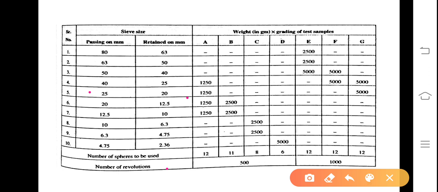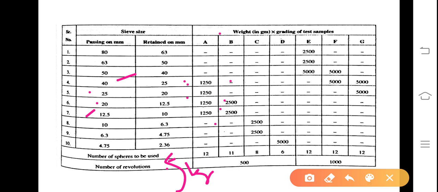So different grades, if you are taking for example A grade, passing 40, retained on 25, passing 25, retained on 20, 1.25 kilo each, total 5 kgs you have to take.